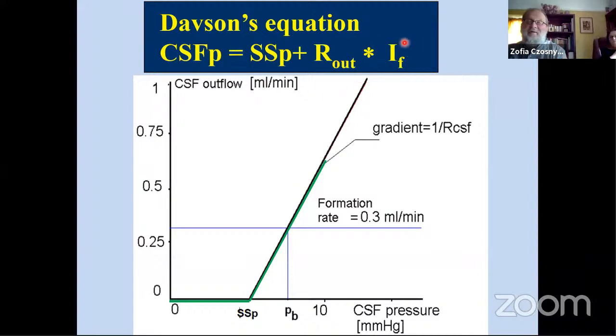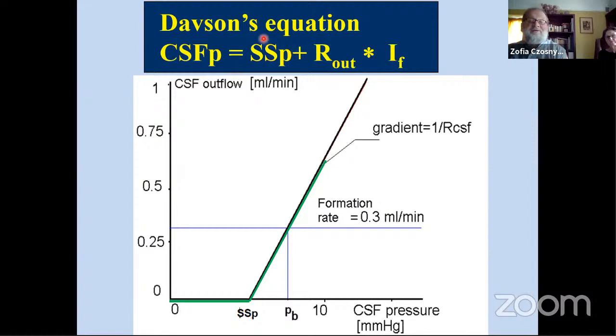It consists of two components: Rout, times formation of cerebrospinal fluid. This is a relatively small component. Rout on average is 8 millimeters of mercury per mL per minute, and this 0.3. So 3 millimeters of mercury of intracranial pressure results from flow of cerebrospinal fluid through pacchionian granulations.